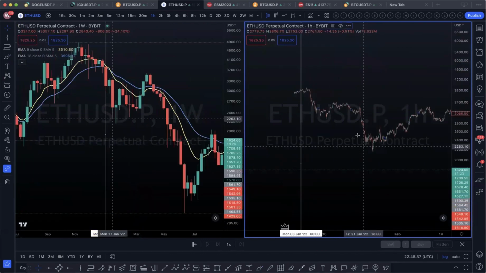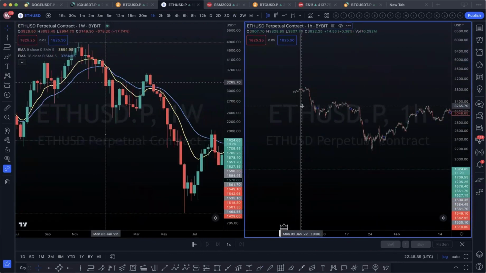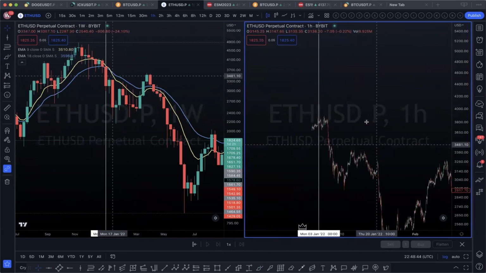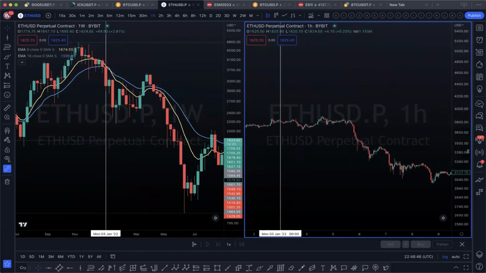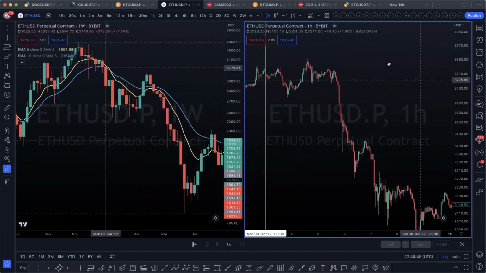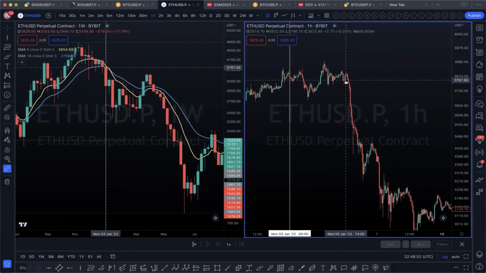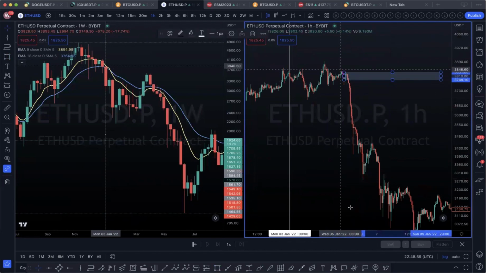Look at this, okay? This is the time where it's turning to the downside, right? We have the bearish order block, the last series of last green candle with a strong move down.